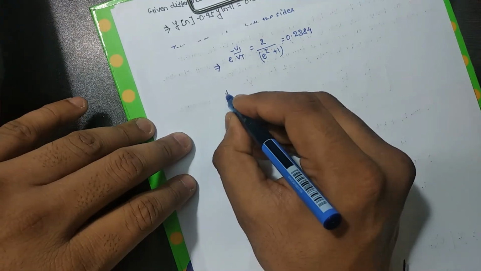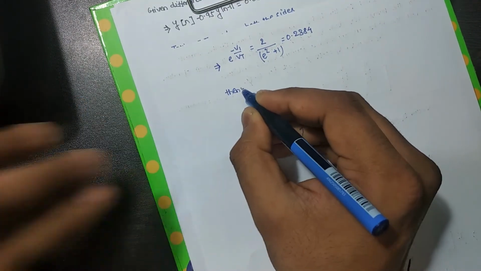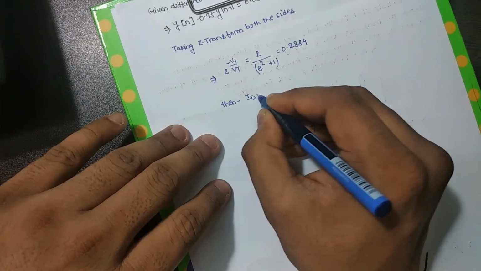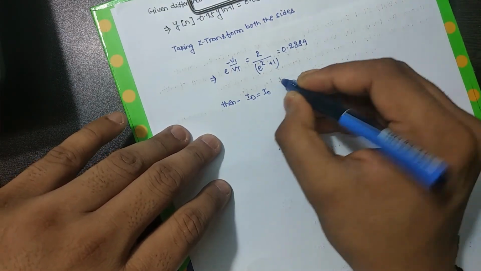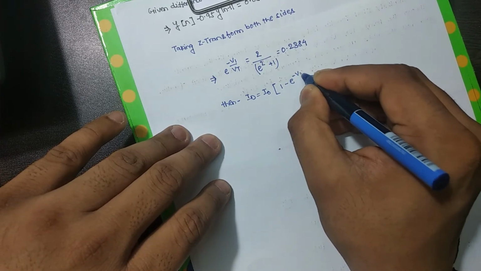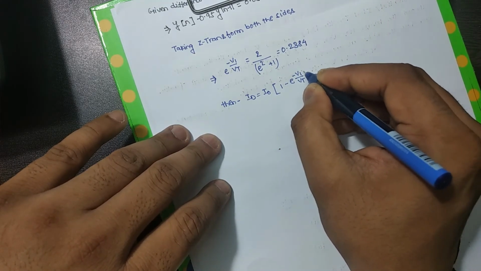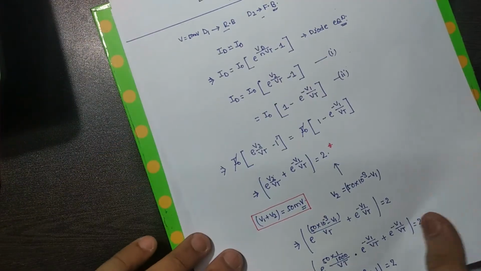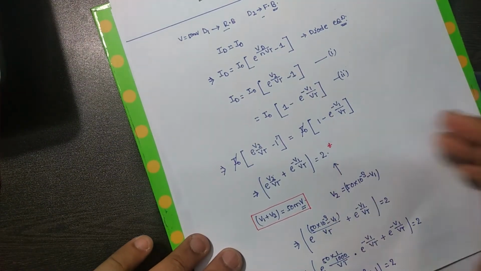Now as we have calculated e to the power minus V1 by Vt, you can put this factor in ID equals I naught into 1 minus e to the power minus V1 by Vt, for diode D1. I have already mentioned this and used those factors in equation 2.